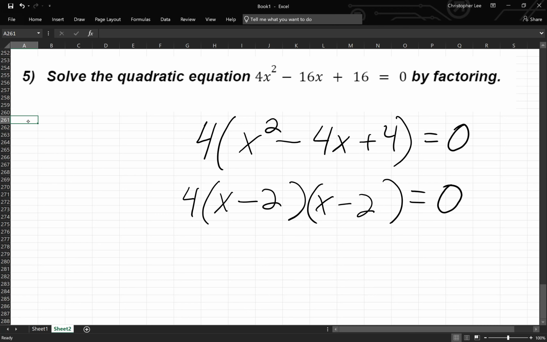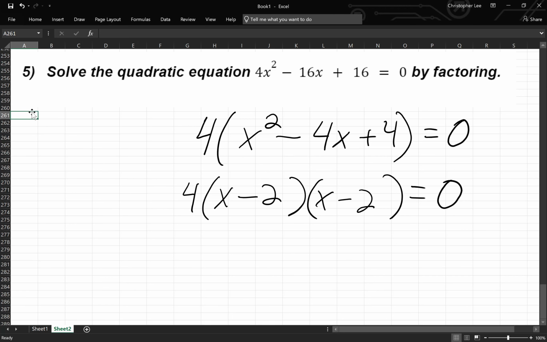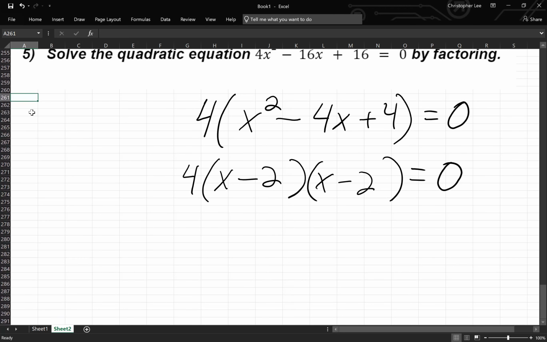So -2 plus -2 is -4, which is in the middle, and -2 times -2 is +4. Right? If that's confusing, just use the AC method. It'll work. All right?